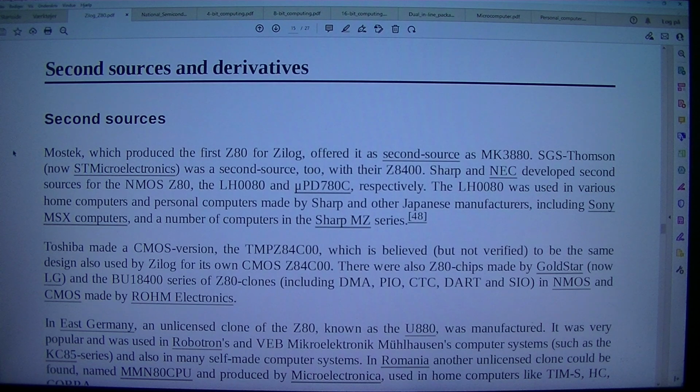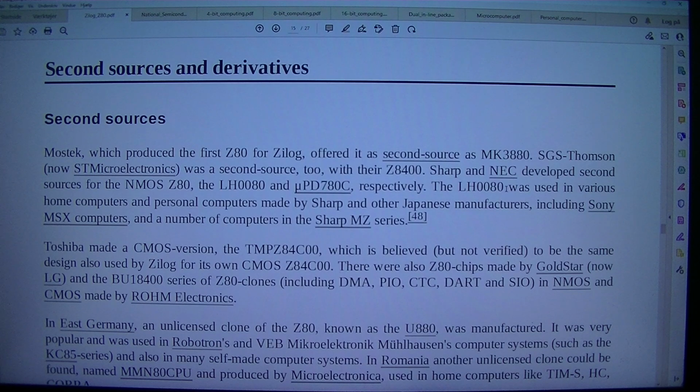Second sources. Mostek, which produced the first Z80 for Zilog, offered it as a second source as the MK3880. SGS-Thomson, now ST Microelectronics, was a second source too, with their Z8400.